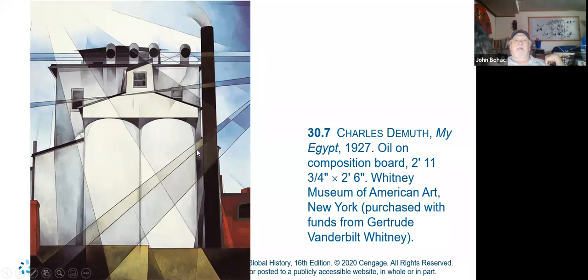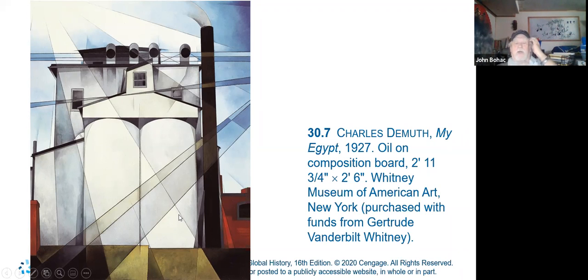Yeah. And to make my point about the pollution, here is the smokestack and here is the smoke. But it's not really affecting anything, and there's no soot on the silos or on the walls or anything. It's basically clean. And they did a lot of stuff like that.